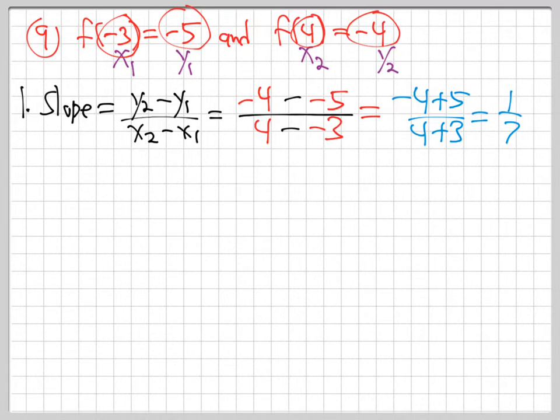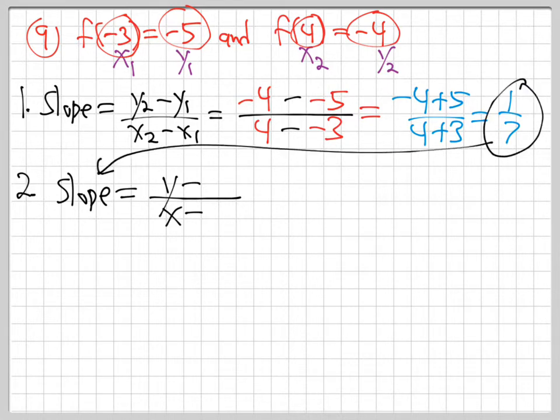And then in step 2, remember what you do? You write the slope formula again, but this time you just have a plain y and x, blanks in the back, rather than a y2 or x2. Now you plug in your slope of 1/7 over here on the left, and behind the y and the x, you just grab the first x and the first y, or you could grab the second pair, it doesn't matter.